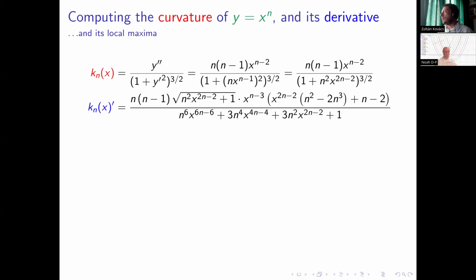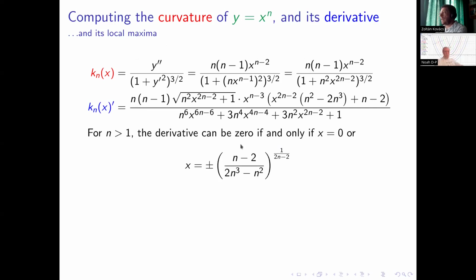Well, it was not completely trivial to compute this, but the curvature computation is quite well known from textbooks. And after simplification and after computing the derivative, we can indeed get that there must be two zeros of this derivative.